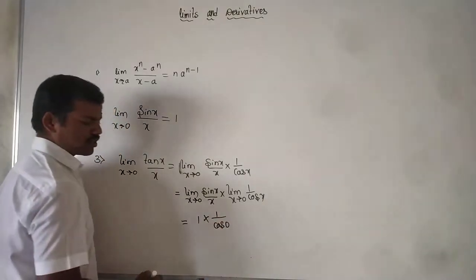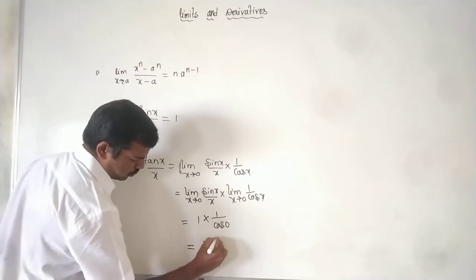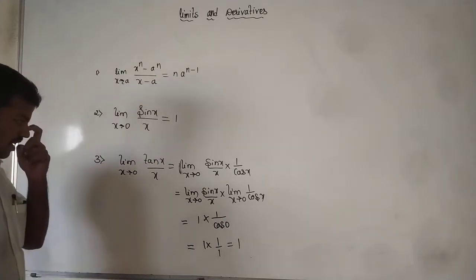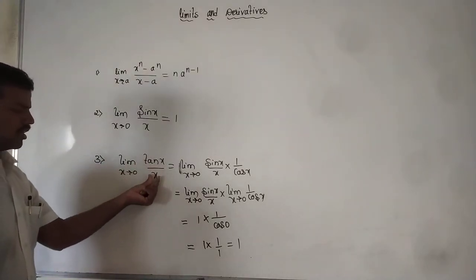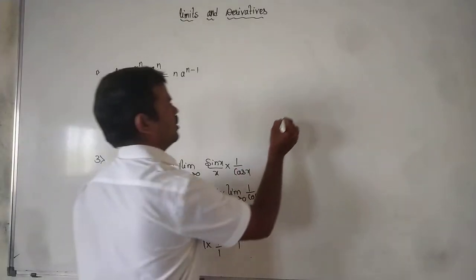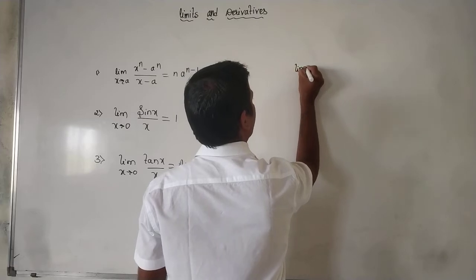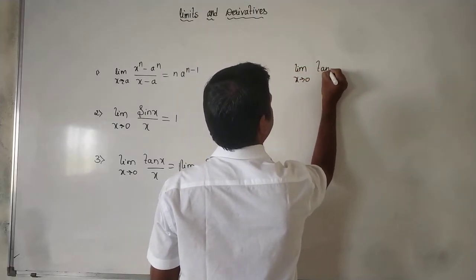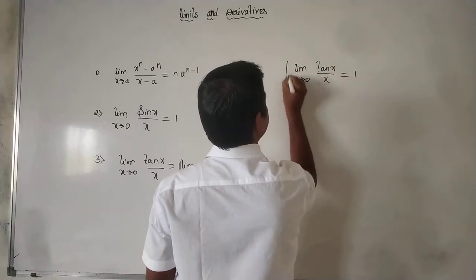Cos 0 is 1, then 1 into 1 by 1, so that is equal to 1. So the third one is: limit as x tends to 0 of tan x divided by x is equal to 1.